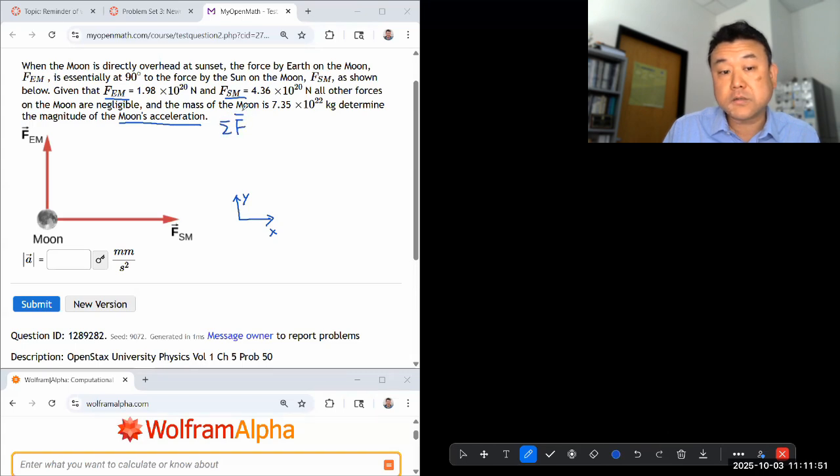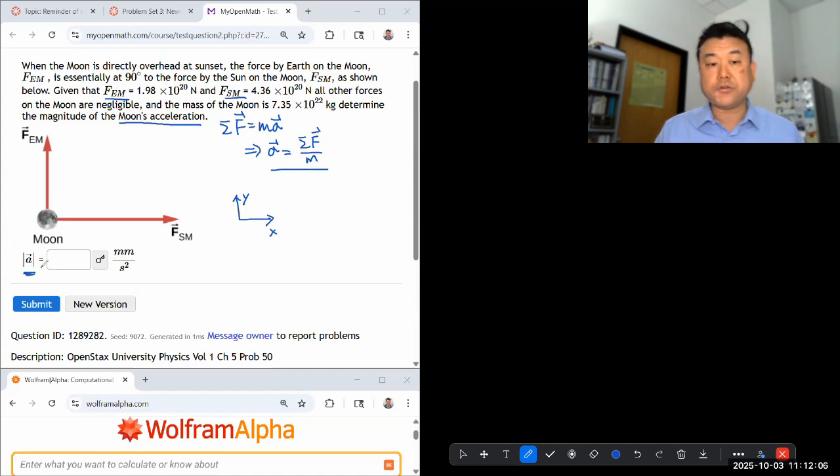The net force is equal to mass times acceleration, or the acceleration is given by the net force divided by mass. They are only asking for the magnitude, so we don't need to figure out the direction, but I still need to figure out the net force component or the acceleration component in order to calculate the magnitude.